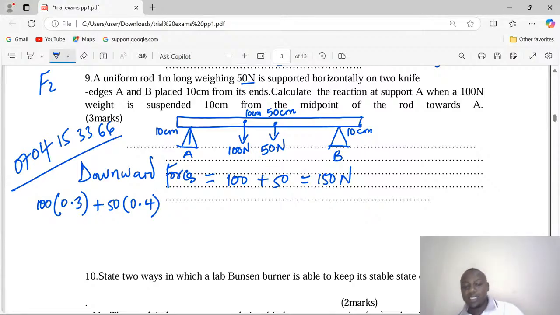Now we convert it because 50 newtons is at the 50 centimeter mark, but the turning point is point A. Now we should equate this to the reaction at B, because the reaction at B is our only anticlockwise moment.